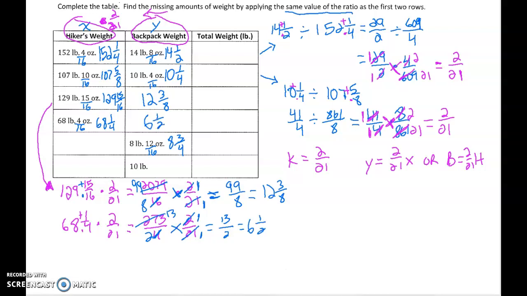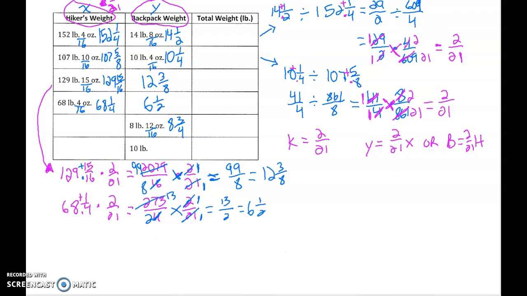Now, remember, if we go the other way, if I'm going from the backpack weight to the hiker's weight, I have to divide. All right, so I'm going to take 8 3/4 and I'm going to divide it by my constant, 2 over 21. So rewrite it. 4 times 8 is 32 plus 3 is going to be 35 over 4 divided by 2 over 21.